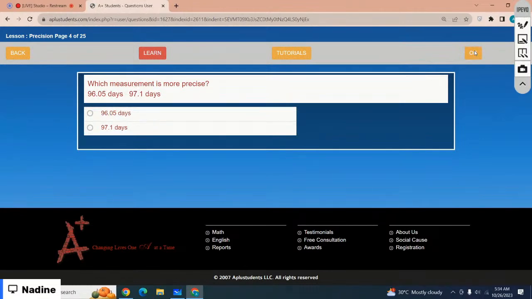Okay, which measurement is more precise? 96.05 days or 97.1 days? Which is the correct option?